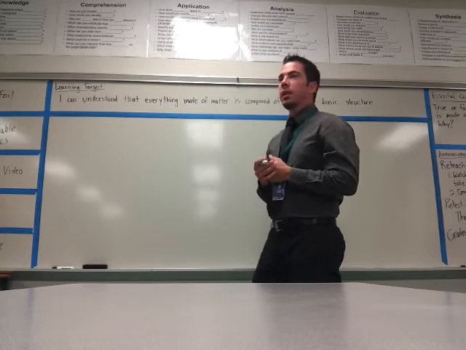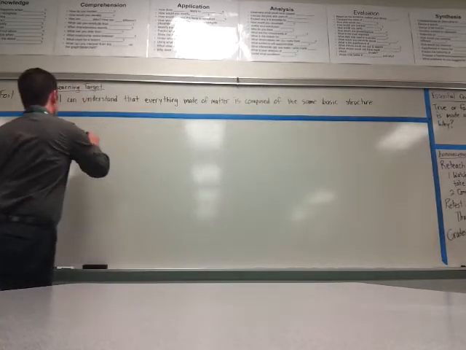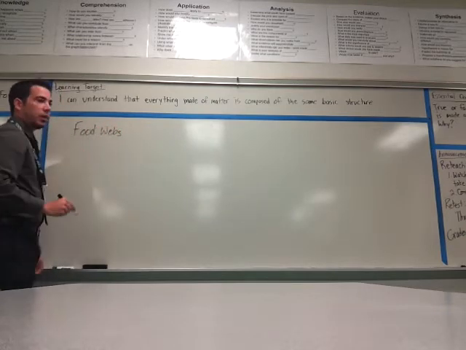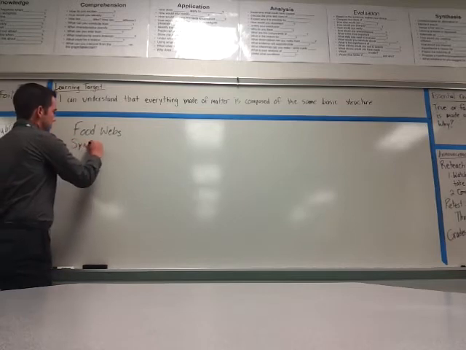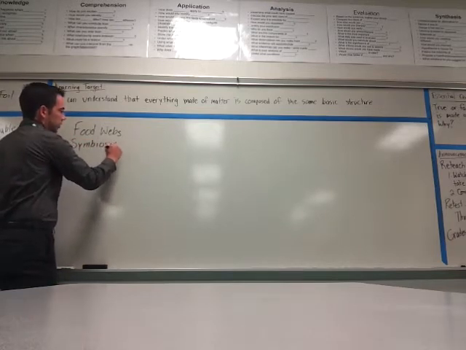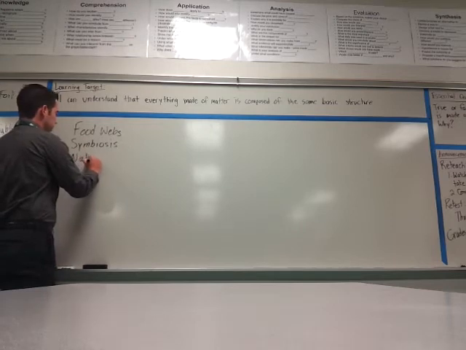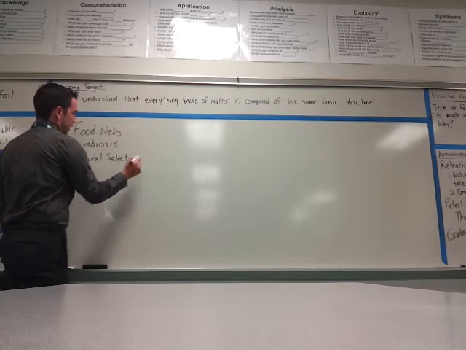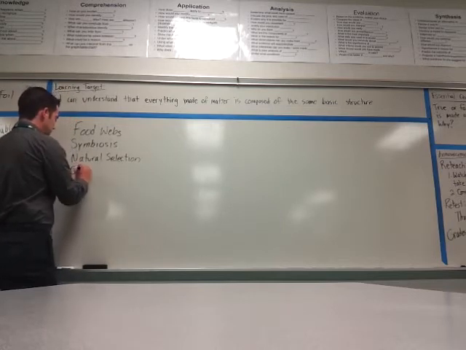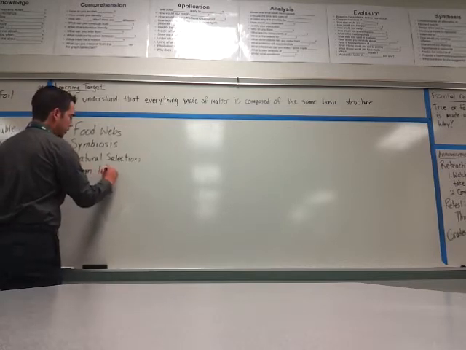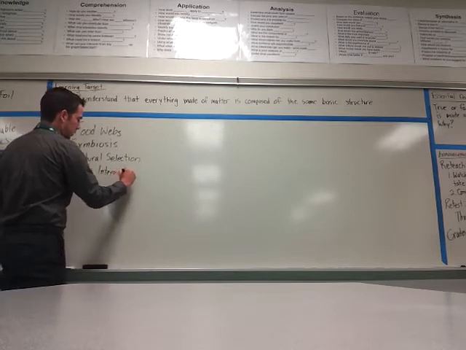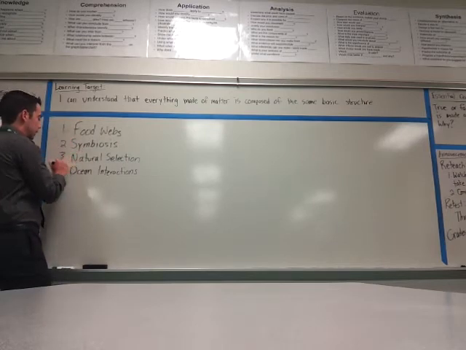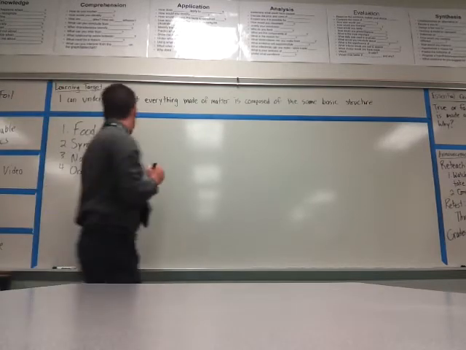We covered a number of things within that unit, some of which are food webs and everything that goes along with it, symbiosis, natural selection, and last but not least, ocean interactions. So these are our four main topics that I'm going to be covering in this tutorial.